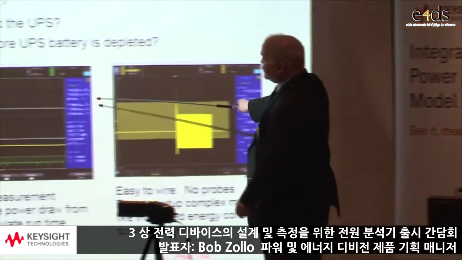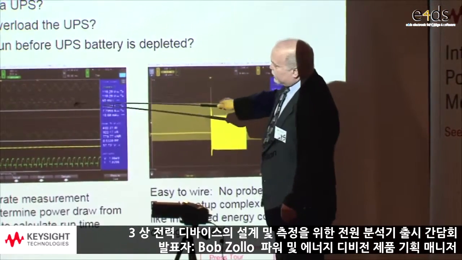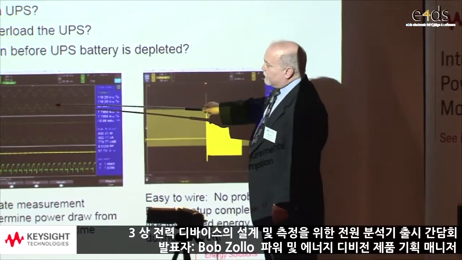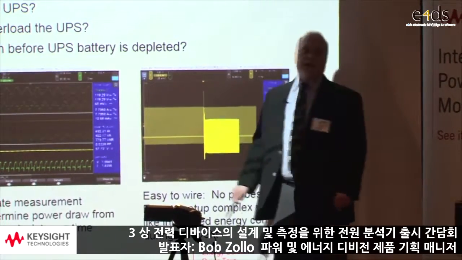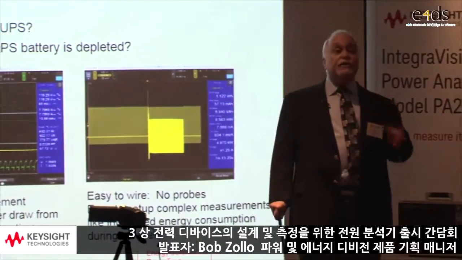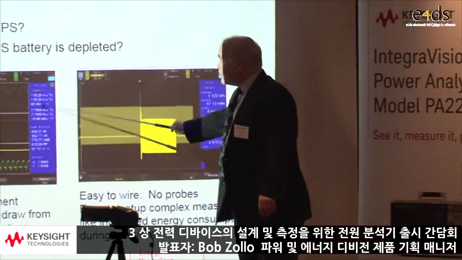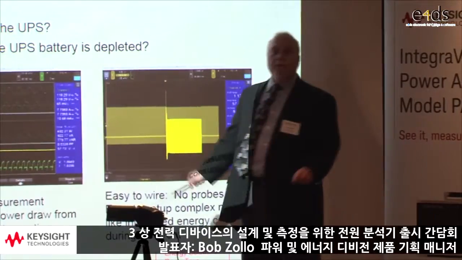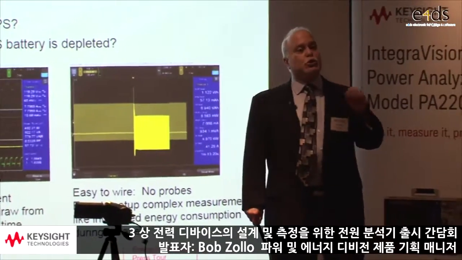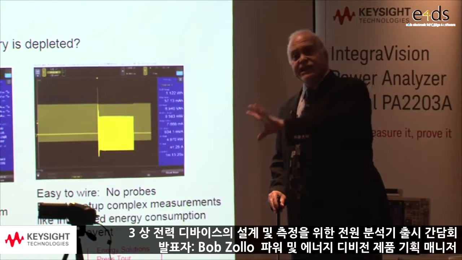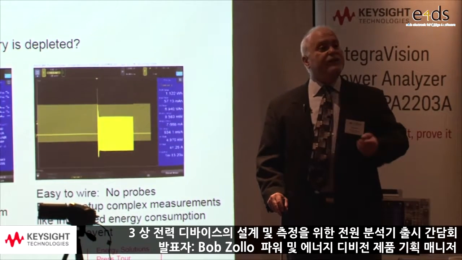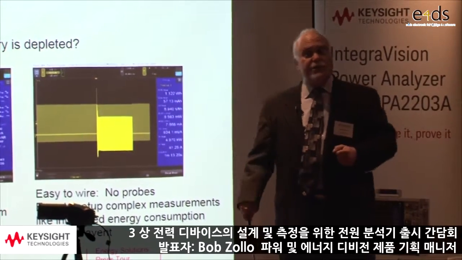At the same time as seeing these measurements, I can actually look at the waveforms of the voltage going into the pump, the current going into the pump, and the power going into the pump. And again, I can feel confident that these numbers are correct because I see the waveforms, and the waveforms look correct. So seeing the waveforms and seeing the numbers gives me high confidence that I'm making the right measurement.